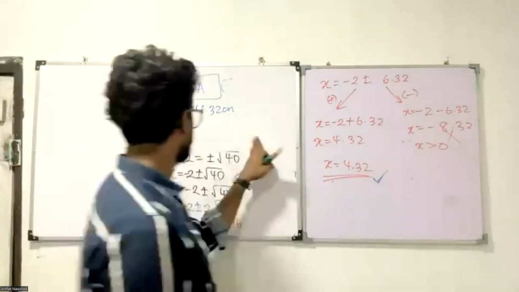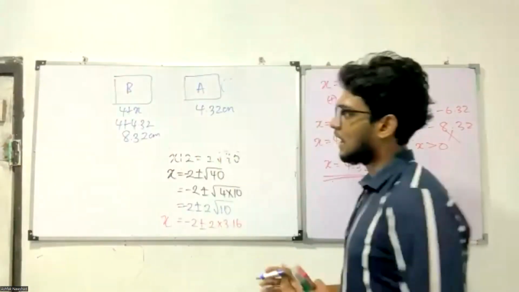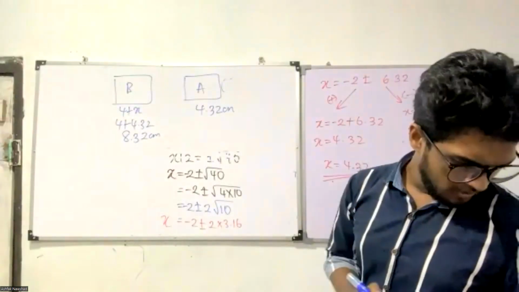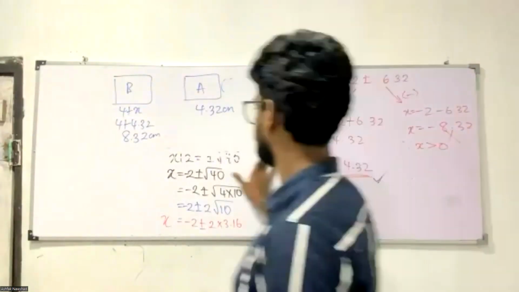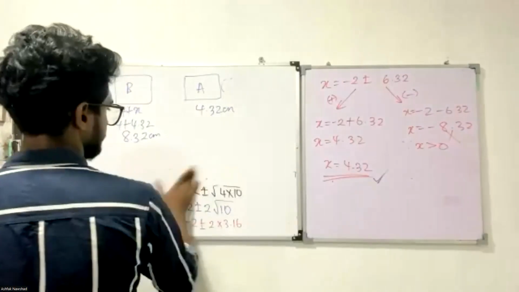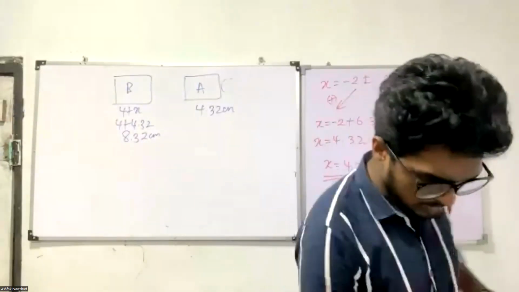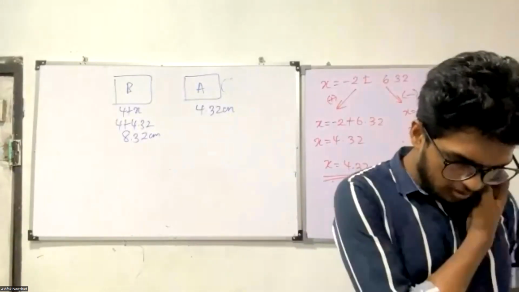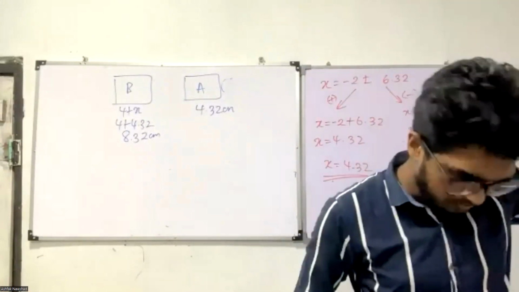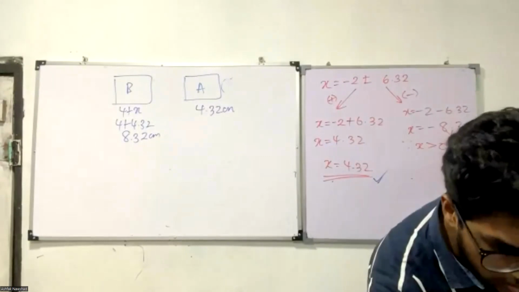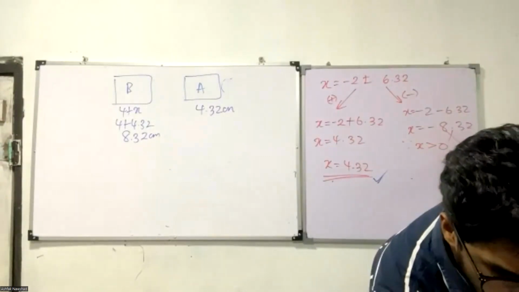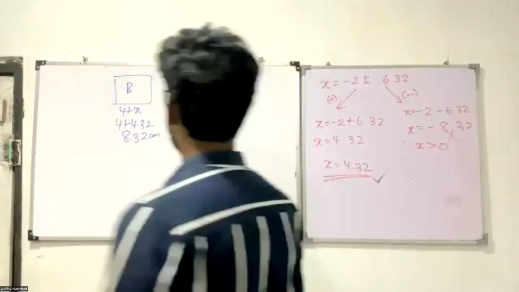So they are asking for the difference in the areas. The question says the length of a side of B is 4 centimeters more than the length of A.